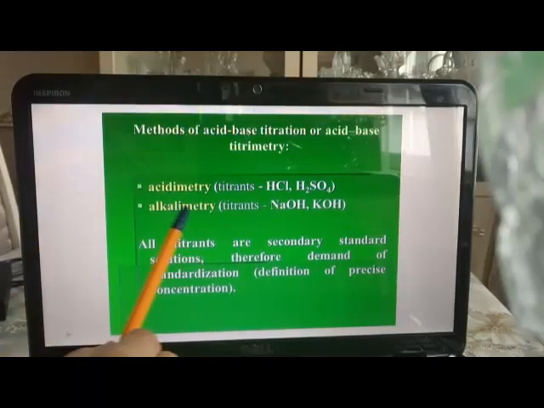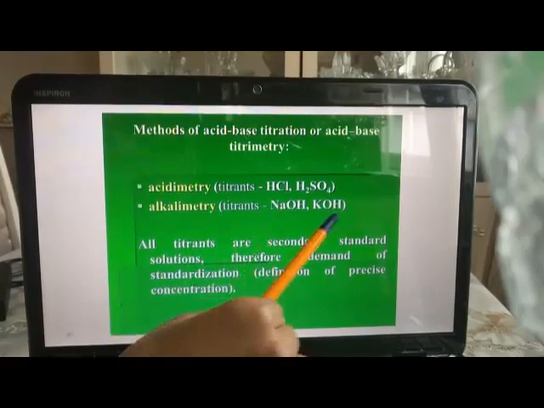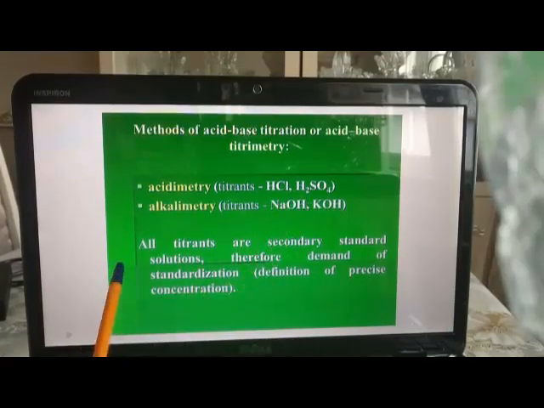In alkalimetric titration, alkalis such as sodium hydroxide and potassium hydroxide are used as titrants. All titrants are secondary standard solutions, therefore they require standardization, determination of precise concentration. For this purpose we have to use a primary standard solution.